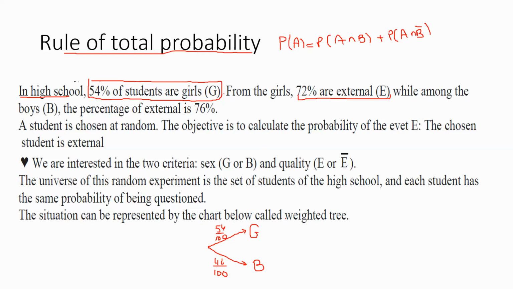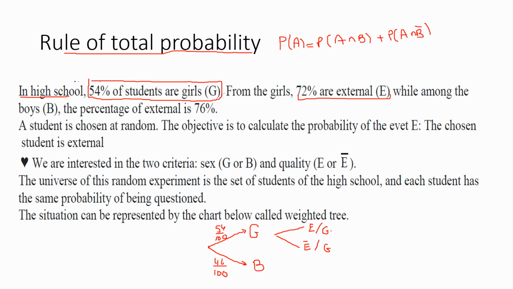Now the girls are divided into two groups: external and not external. External knowing that they are girls, and not external knowing that they are girls.